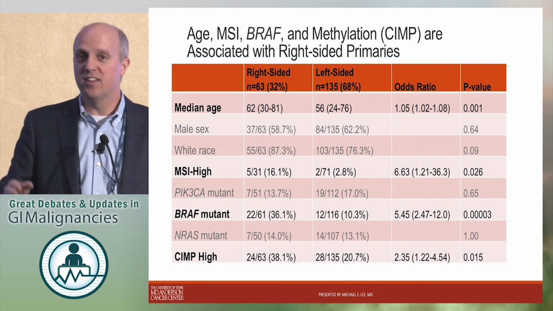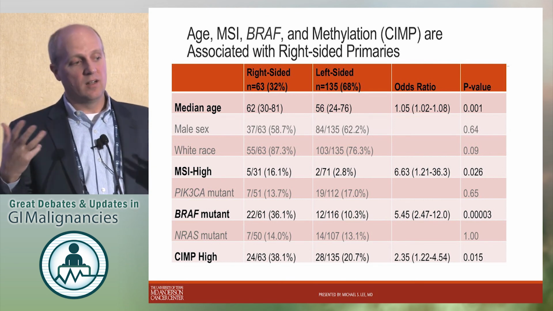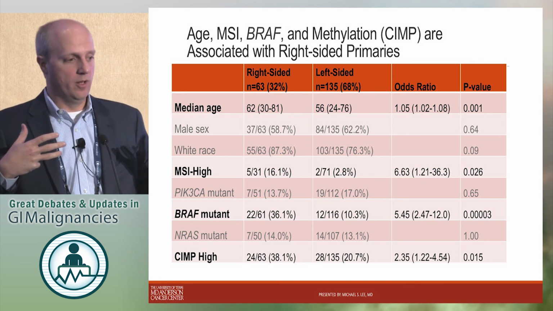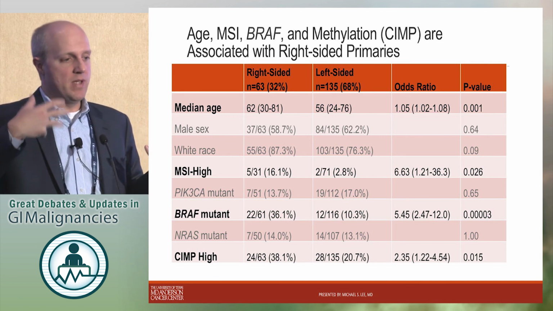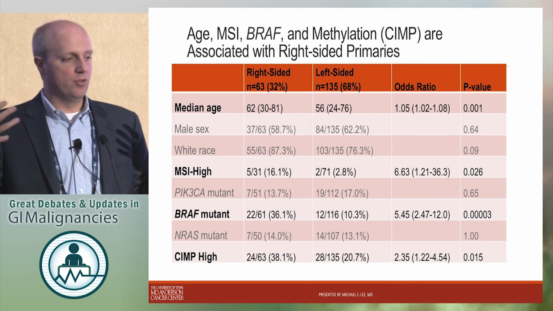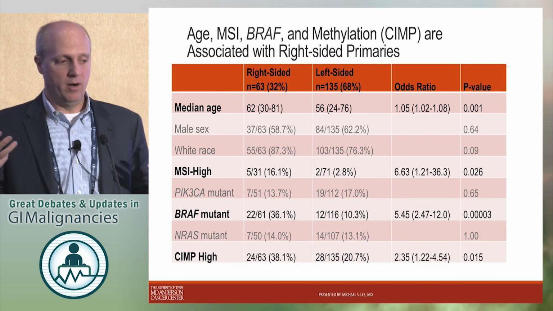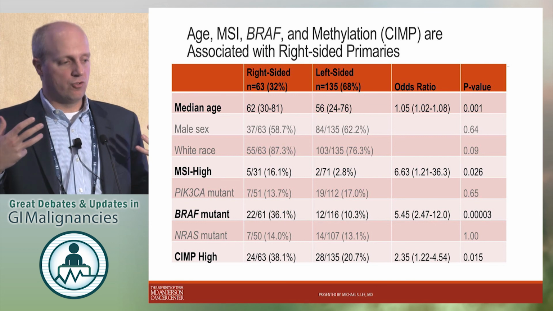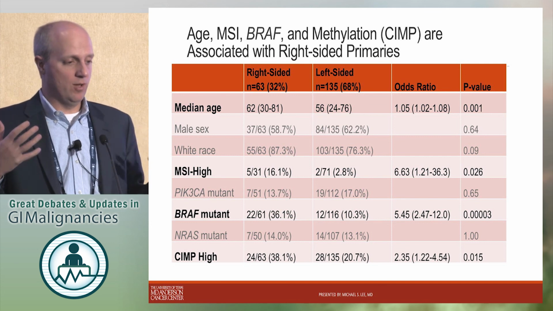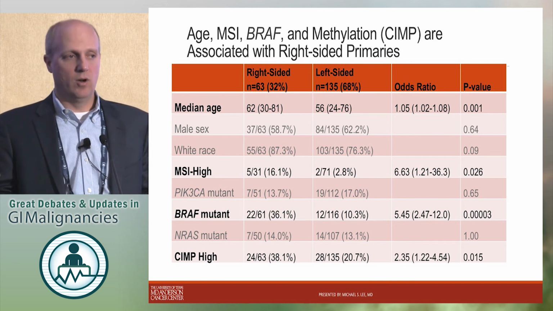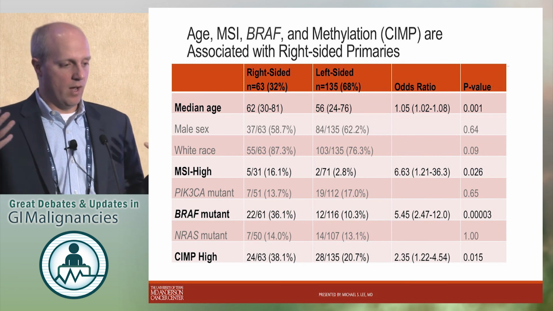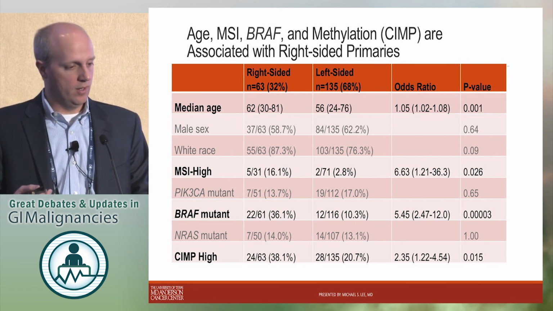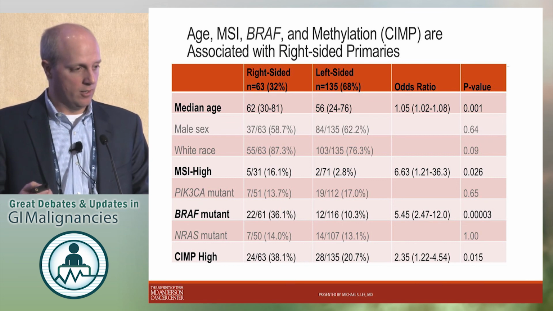All right, so we put all this together, what can we say? Clearly, the idea of the aging right colon, MSI, BRAF, and methylation are all associated with right-sided primaries. Put together, these are really strong effects. We've known MSI-H is 6-fold more likely to be on the right side, BRAF 5-fold, and methylated 2.4-fold in some data we presented last year.